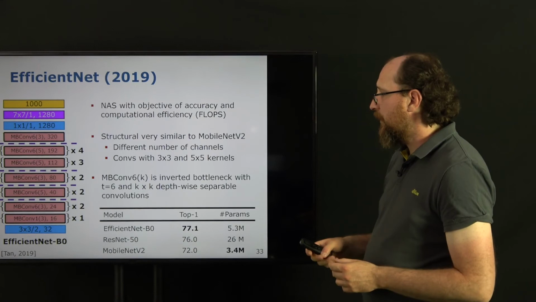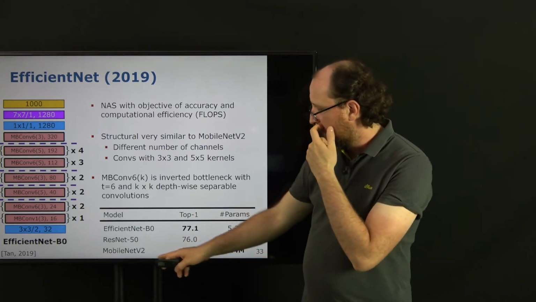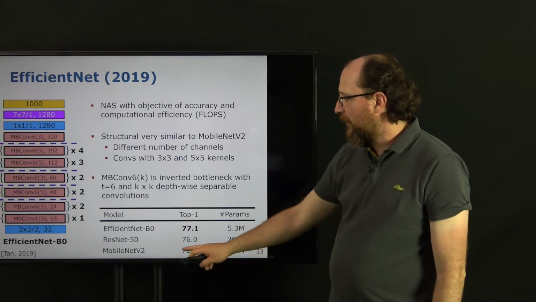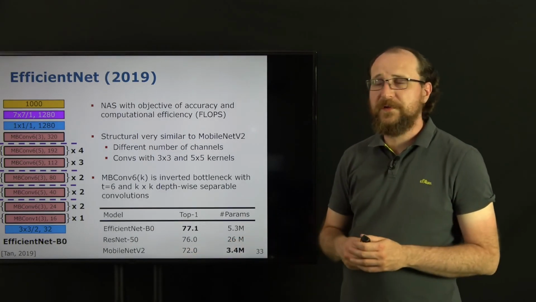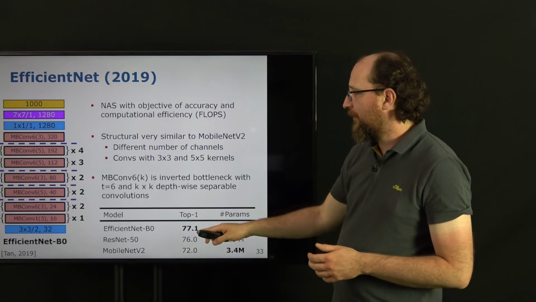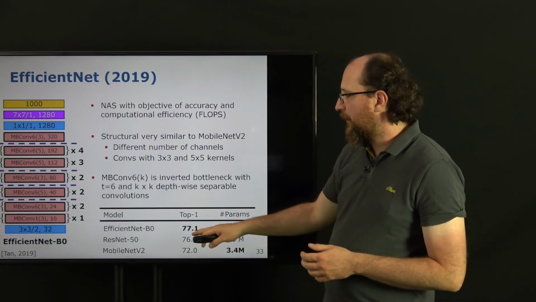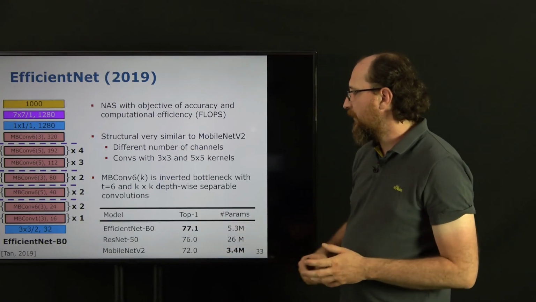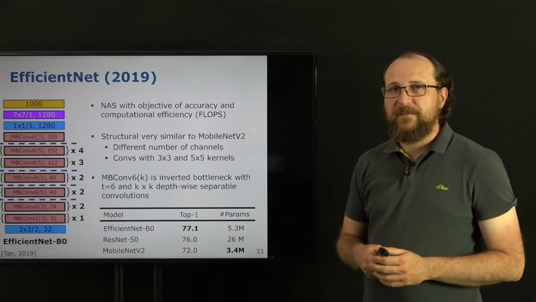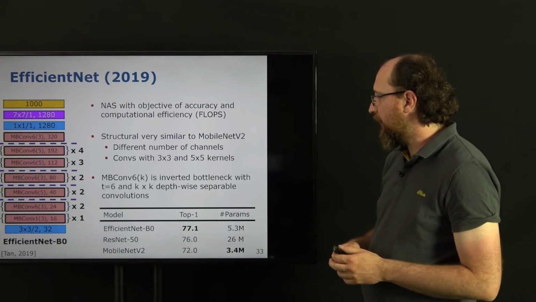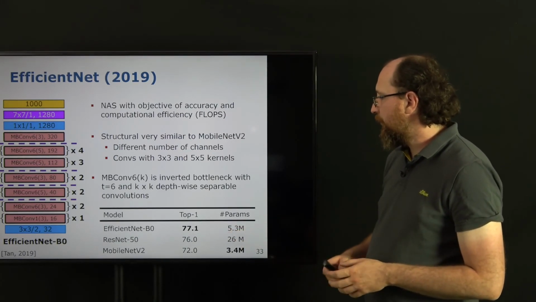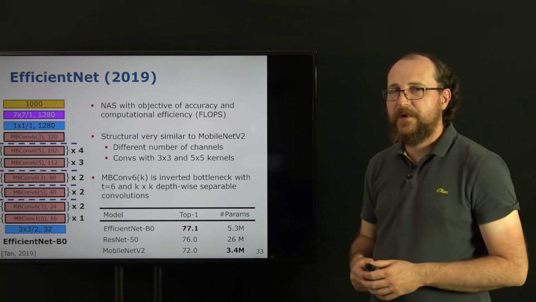So when we compare this to the MobileNet version 2, which had 3.4 million parameters, then we're getting a top 1 accuracy of 72%. And when we are now using this base model of the EfficientNet, which is called B0, we are getting already 77.1% top 1 accuracy, but with a much reduced number of parameters, 4.3 million.